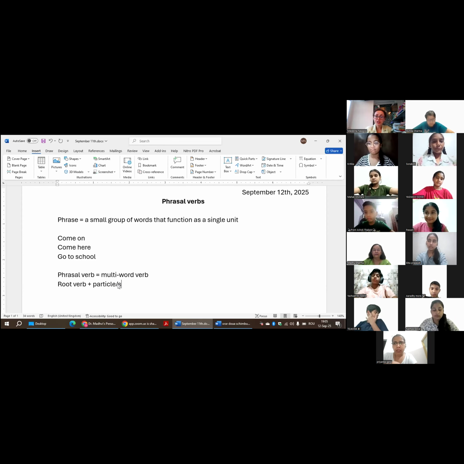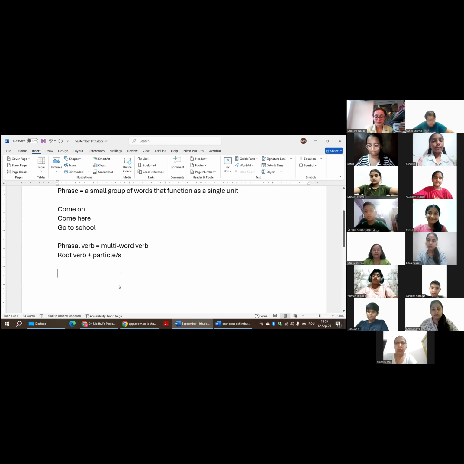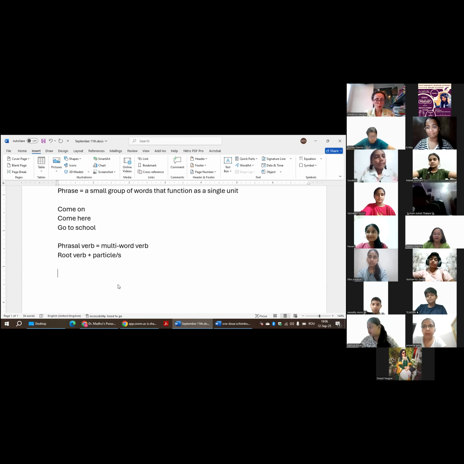What is special about these phrasal verbs is that the particles enrich the meaning and sometimes they change it completely. So we will see two different categories. One in which the meaning is obvious because the root verb keeps its meaning, and another one in which the meaning changes completely.